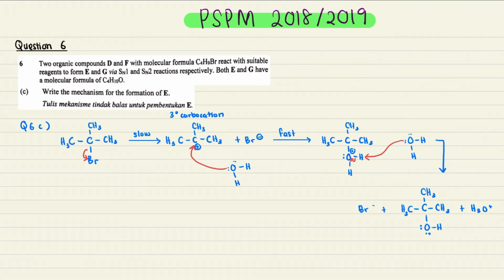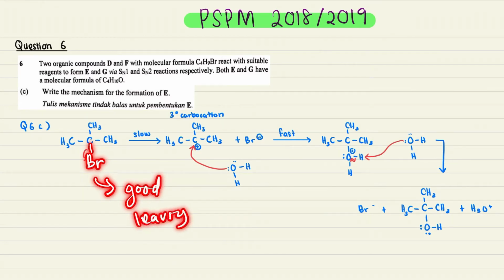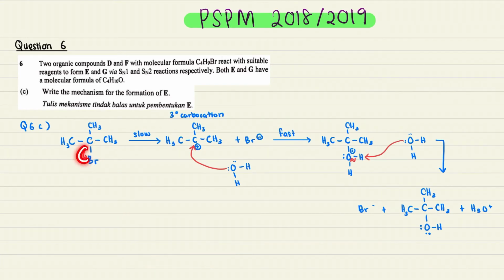Okay, so this one, the first thing is Br will leave. Why does Br leave? Recall: because it is a good leaving group. Group 17 is indeed a good leaving group, that means it can live on its own.